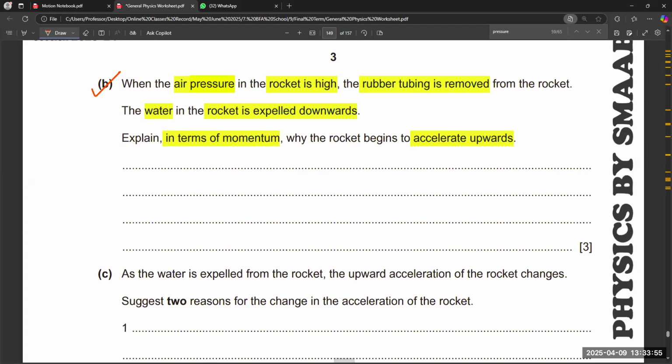So in terms of momentum, basically water particles come out of the rocket.